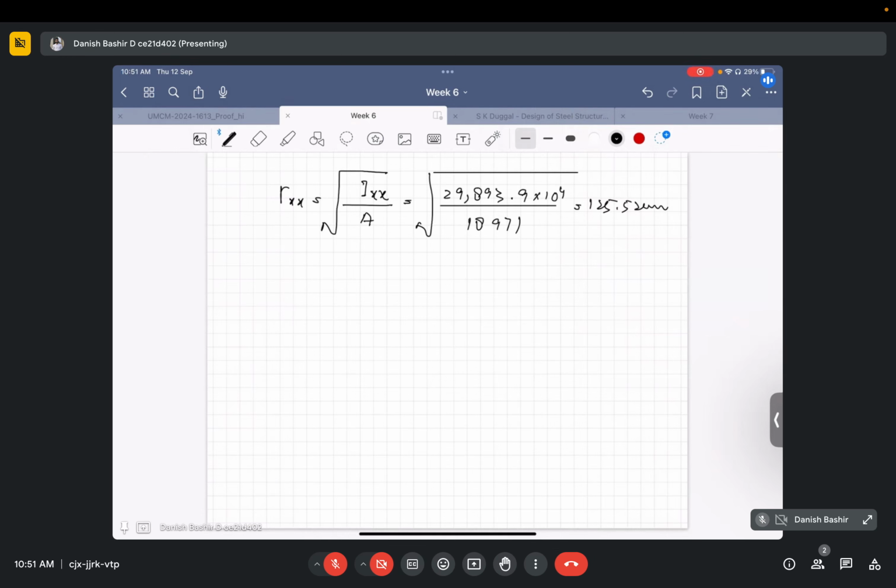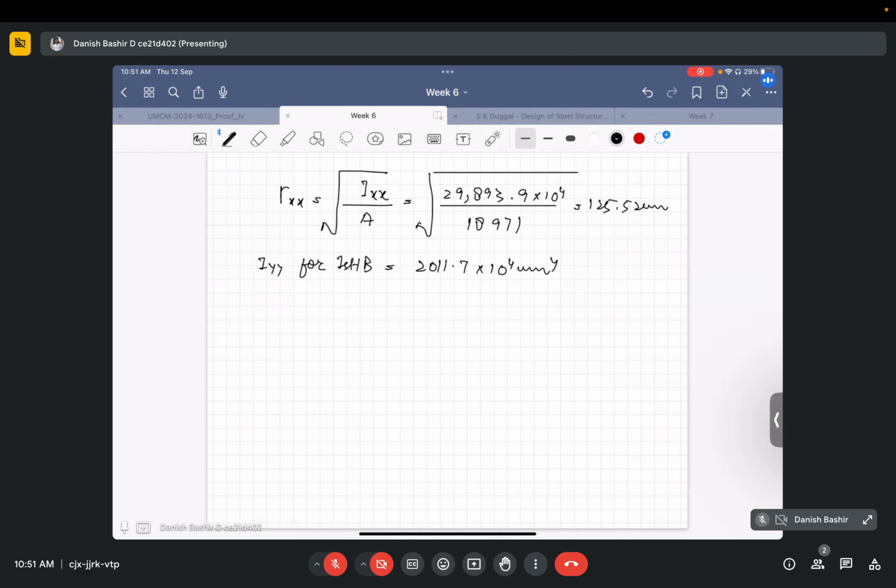We have to calculate the value of least radius of gyration. So we check along the x-axis and along the y-axis. IYY for ISHB, again from the handbook, is given as 2011.7 into 10 power 4 mm power 4.